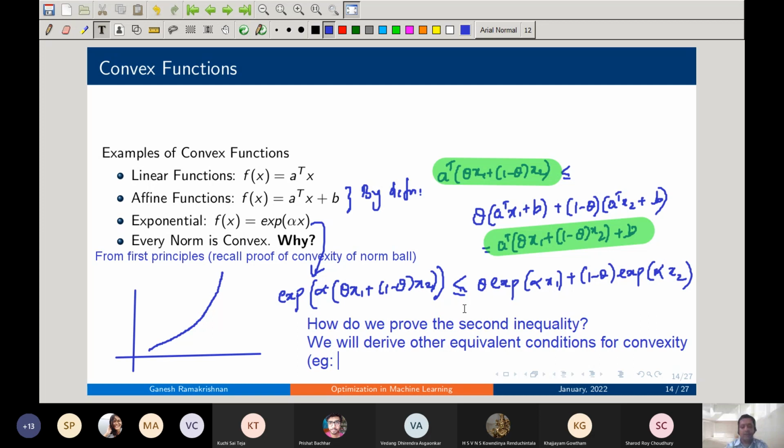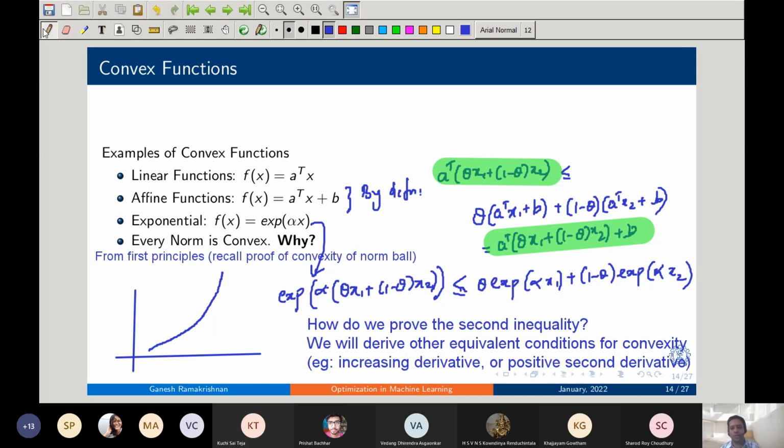The fact that first and second order, so increasing derivative, or instead of saying increasing derivative, you can say positive second derivative. But when we talk about general functions of multiple arguments, you can't just talk about derivatives, you have to talk about the Hessian. And the Hessian needs to be positive definite or positive semi-definite.